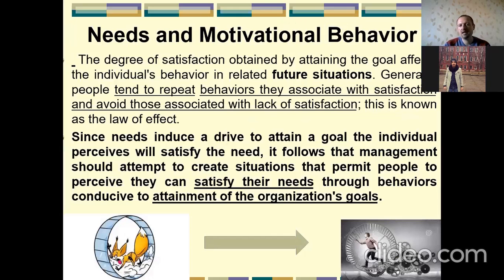First, everybody has his or her own needs, and it is possible to motivate a person only through these needs.